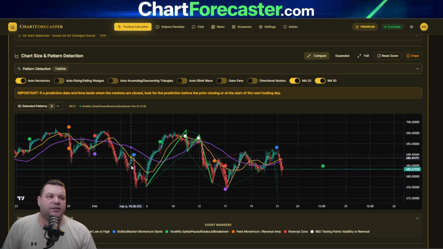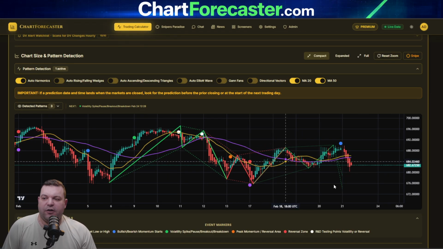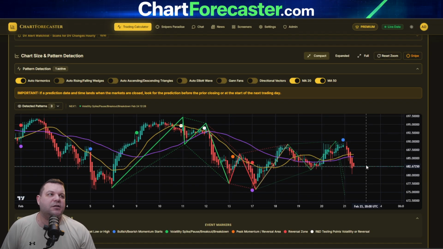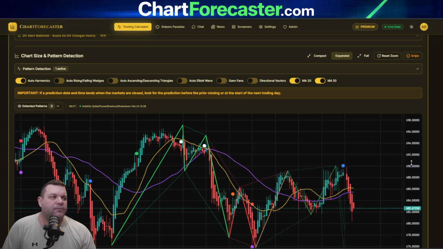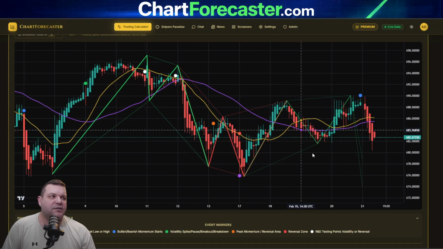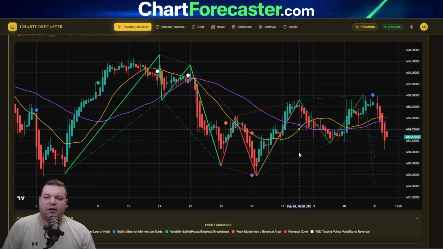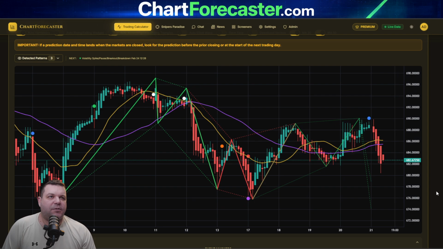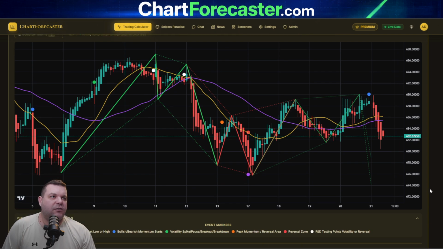Auto harmonics, which are very nice. I'm big into Gann, and I'm big into his findings in the markets, and harmonic patterns are very, very well known to be associated with charts and stuff like that.